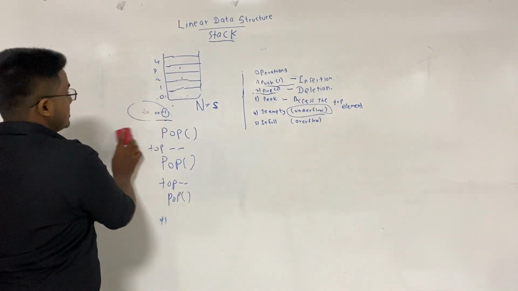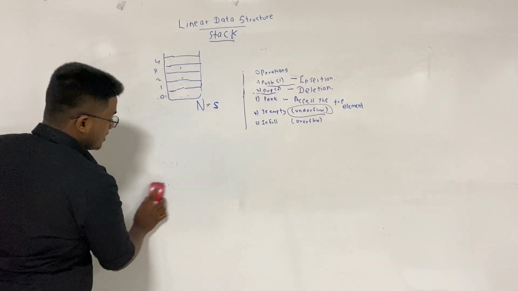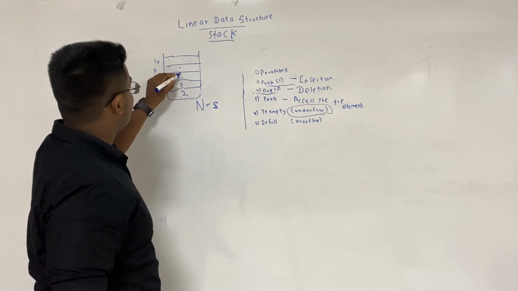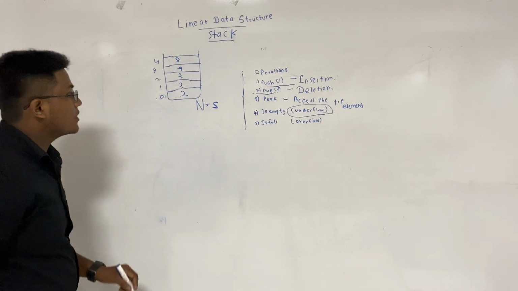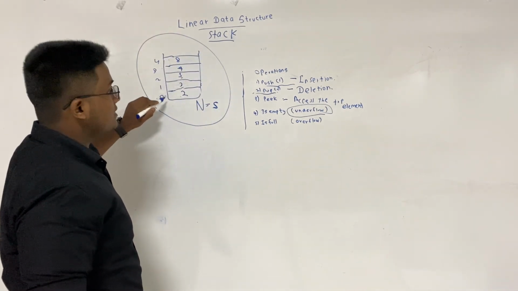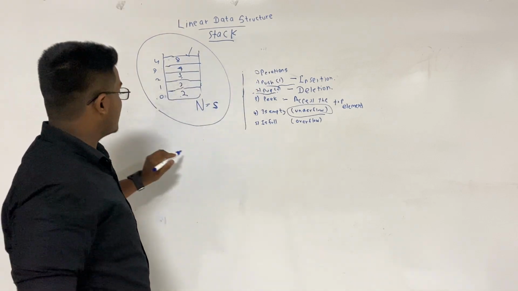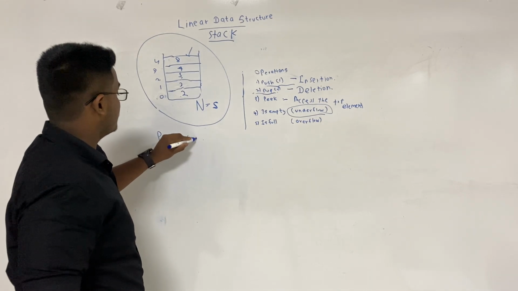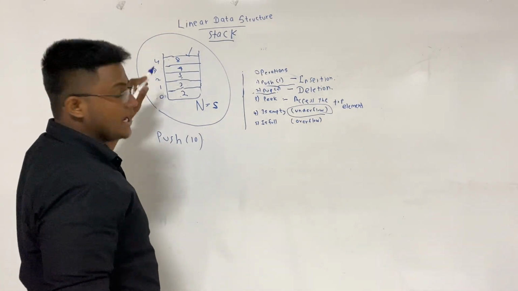Now I will give you something in the push operation that I forgot. Suppose you have 2, 3, 5, 7 and 8. Now you can see the stack is full. This whole stack is full. If we again do a push operation, push 10, you can get this as n-1.